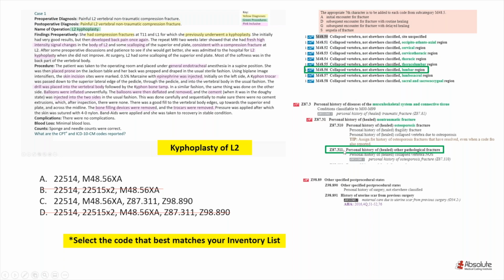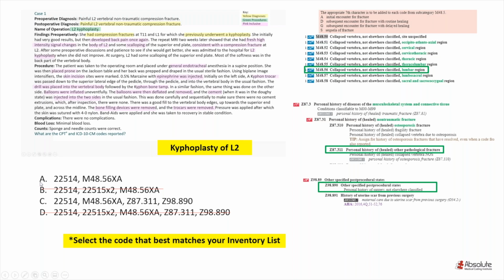They didn't specify the type, so I like the other one best. And finally, code Z98.890. This is other specified post-procedural states. So they're coding for a post-procedural state that was specified. And yes, it was specified that this patient underwent a kyphoplasty previously. So yeah, we do need to code for it.